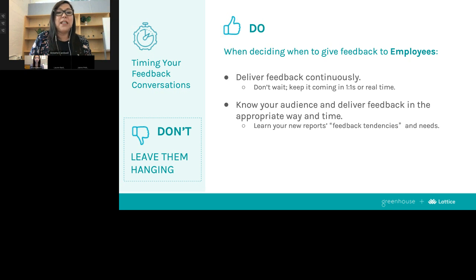Some employees are more sensitive and shut down with blunt conversations. Some prefer straight talk. Some prefer timing-wise to have it delivered in a one-on-one. Some want to hear things in real time. You want to be reactive and understand what those tendencies are so that you can deliver the most effective feedback message.